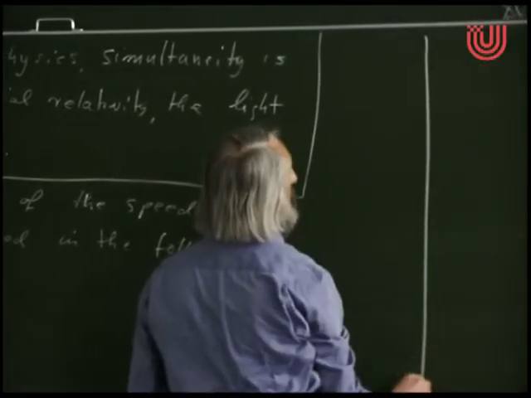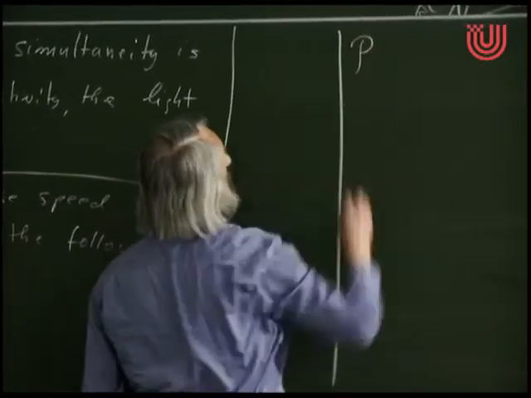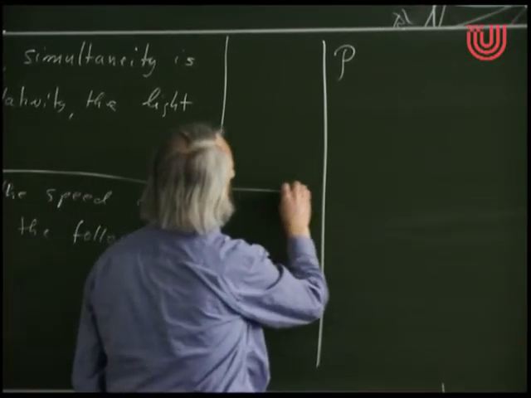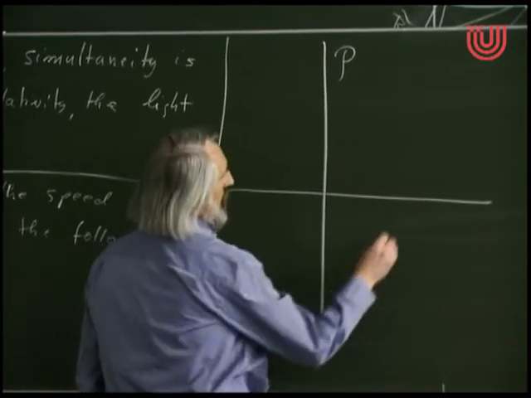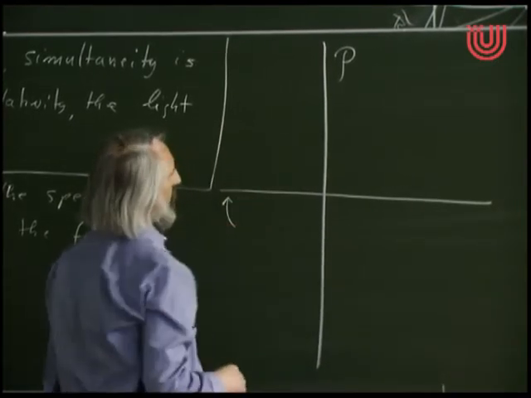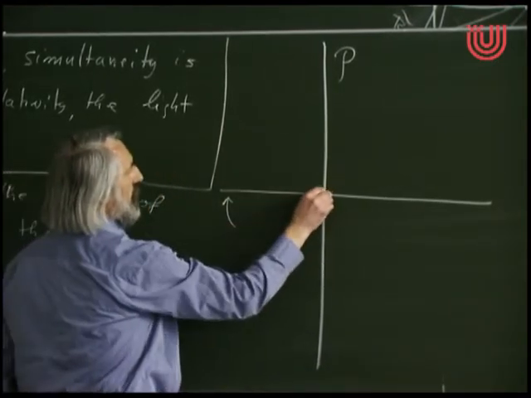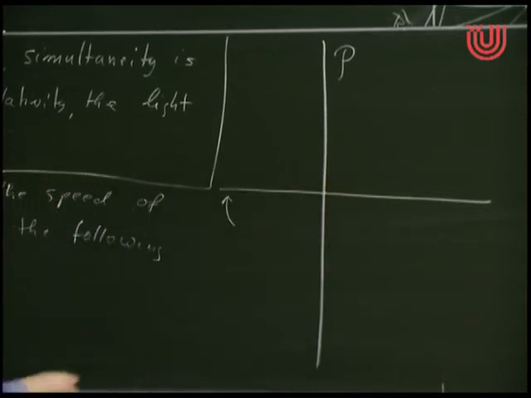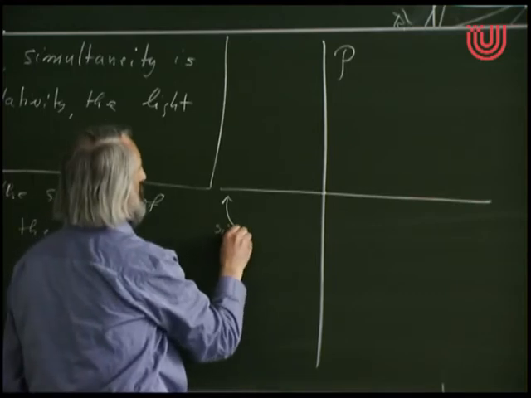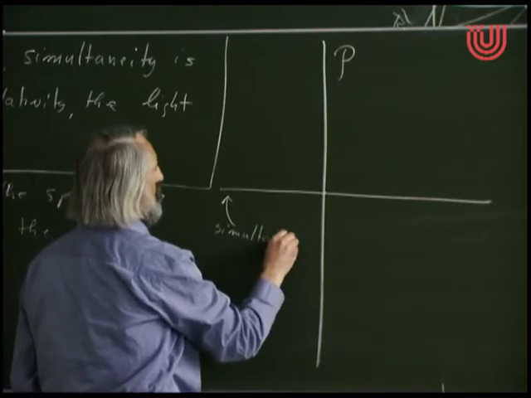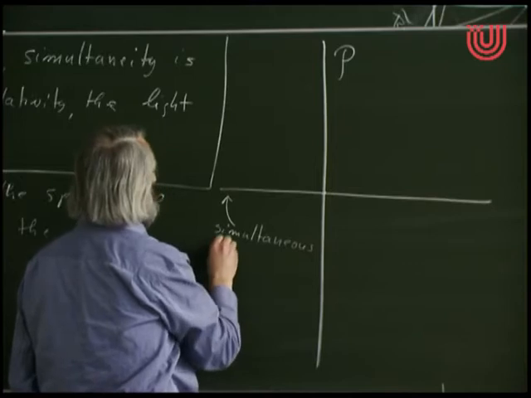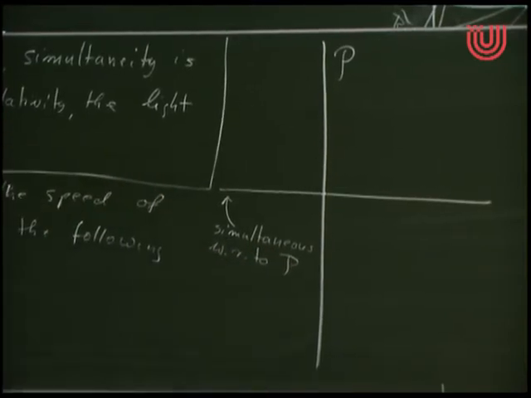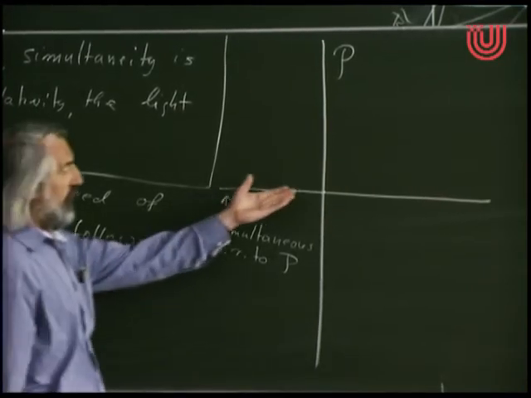So I have one observer here. Let's say that's the world line P. And that's the set of all events which have the same time, so which are simultaneous with respect to P. And now it's fairly obvious that I can construct causality violation if I allow to send signals in the past.